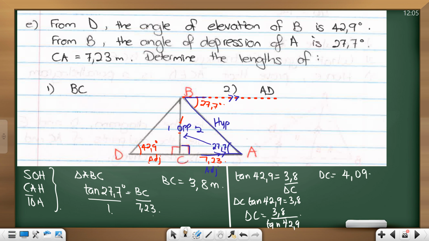We are looking for AD, which is DC plus CA. What's our DC? 4,09. What's our AC? 7,23. And what's the answer? 11,32. It's 11,32 meters. Okay, and that's how we run through maths.